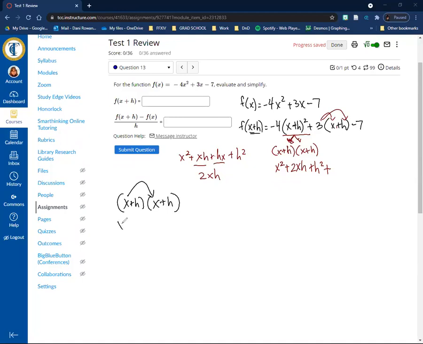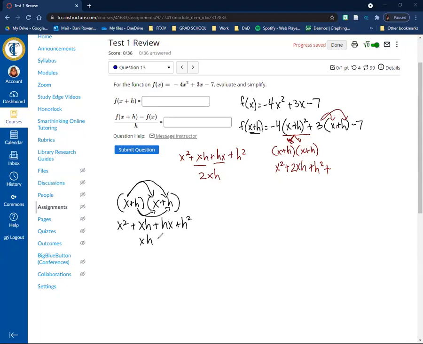X squared. Okay, so that's the first. Now let's do the outer, x times h. X times h is just xh, right? Now we do inner, we have h times x. It's the same thing, right? hx or xh. And then last, h times h, h squared.